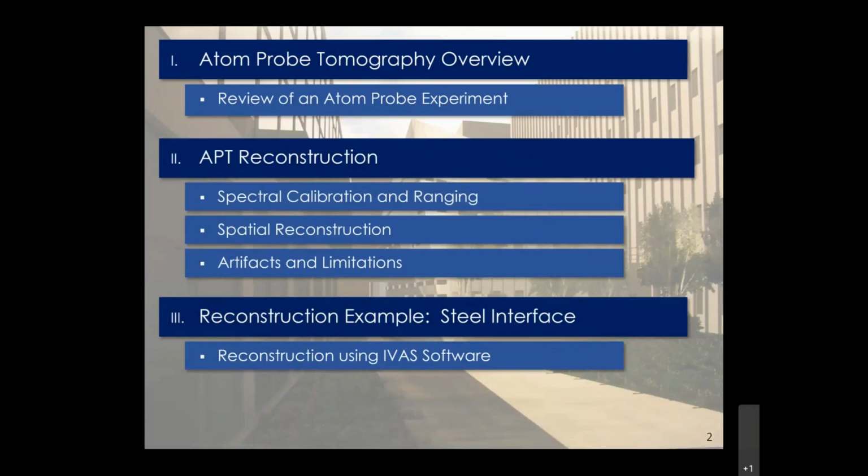Then I'd like to summarize everything by going through a fairly straightforward example of a reconstruction using a steel sample with a heterophase interface. I'll do this using the commercial IBAS software.